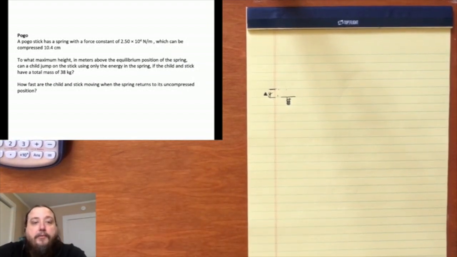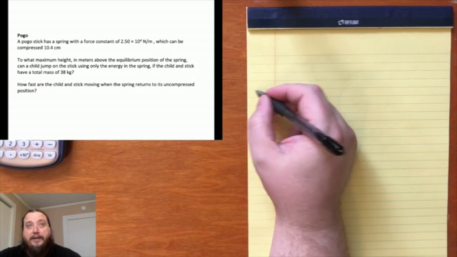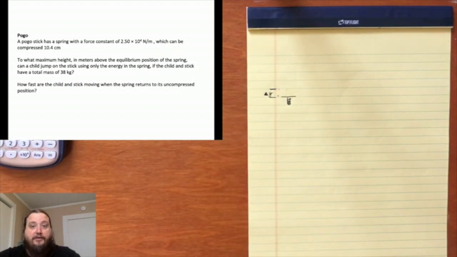This particular problem is asking us to calculate height in meters above the equilibrium position of the spring. And so we have a choice as to where we're going to define the 0 point of gravitational potential energy. We could define it relative to the elastic potential energy's 0 point.